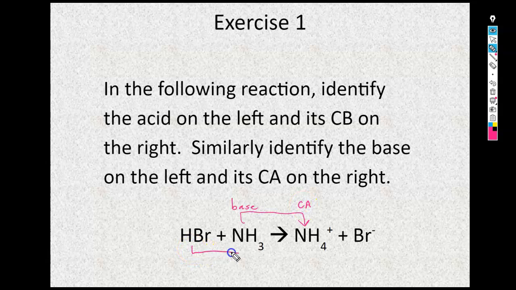I can also see that the HBr has lost the proton, so the thing that loses the proton is the acid, and then what remains is its conjugate base. All right, I am having you practice this a lot because I want you to get used to what this looks like.